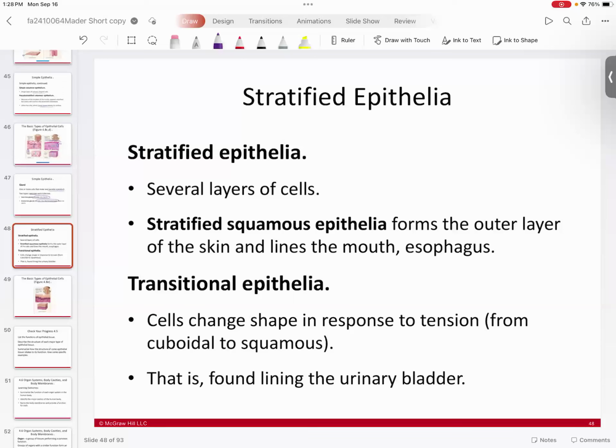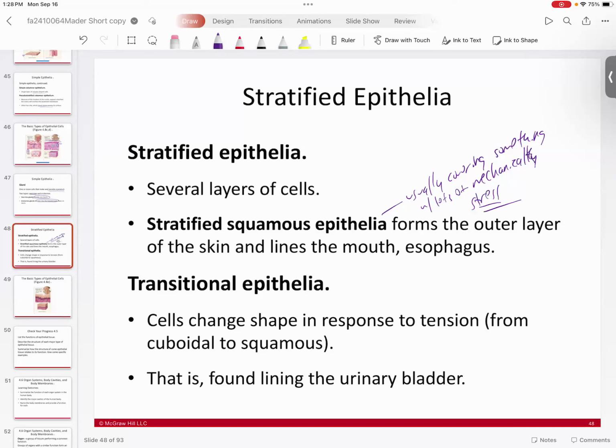So typically when you look at stratified epithelium, you have several layers. And usually this is a tough covering. So if you have a lot of stratified squamous epithelium, usually you're covering something with lots of mechanical stress to it.